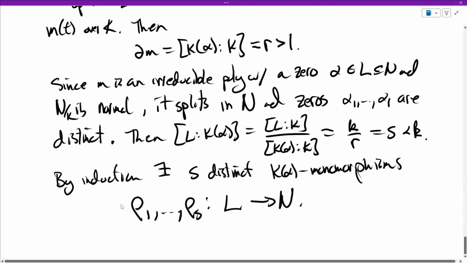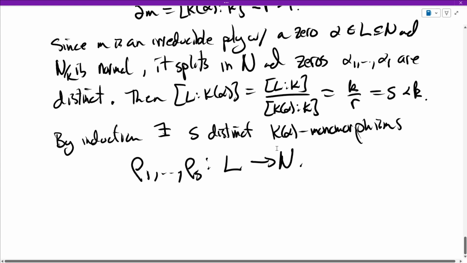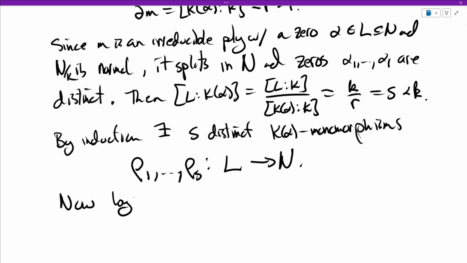So these rhos fix K adjoin alpha. They don't move K adjoin alpha. And so what we want to do is also look at the monomorphisms that move K adjoin alpha. Now we saw that whenever you have conjugate roots, there's always an automorphism of the splitting field.